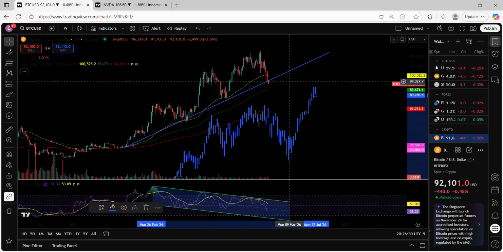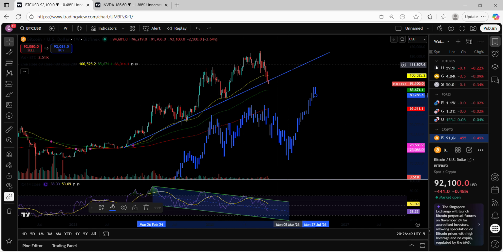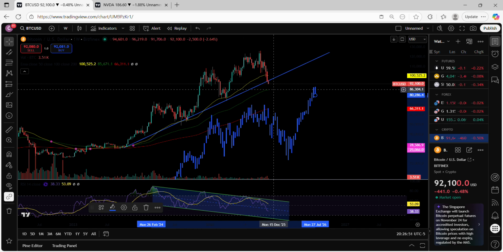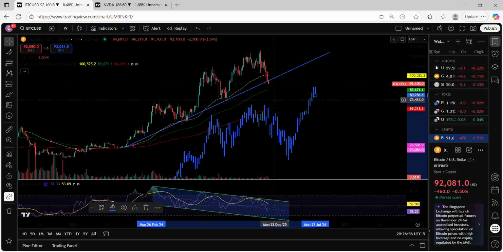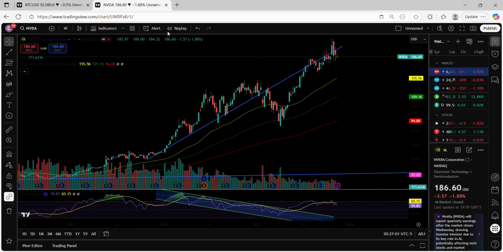And so I just find it funny and pretty ironic that you have the two top dogs and they have such identical charts. And so the hope for a lot of Bitcoiners is that once we do cross this long-term uptrending line, we get a rollover that lasts a certain period of time, maybe 4 or 6 months, and then we get this big bounce, just like we saw in Nvidia, for recovery.